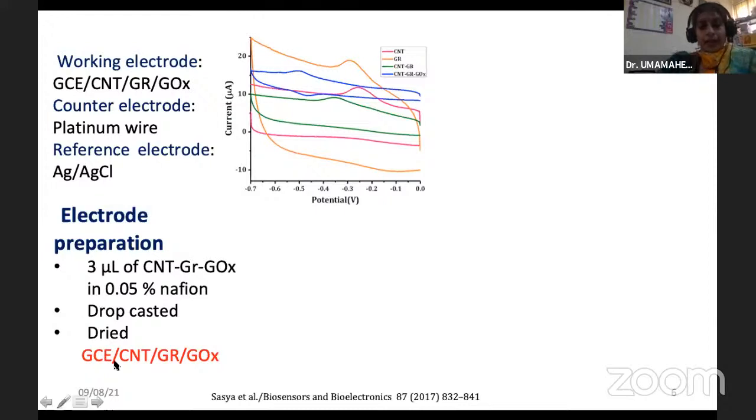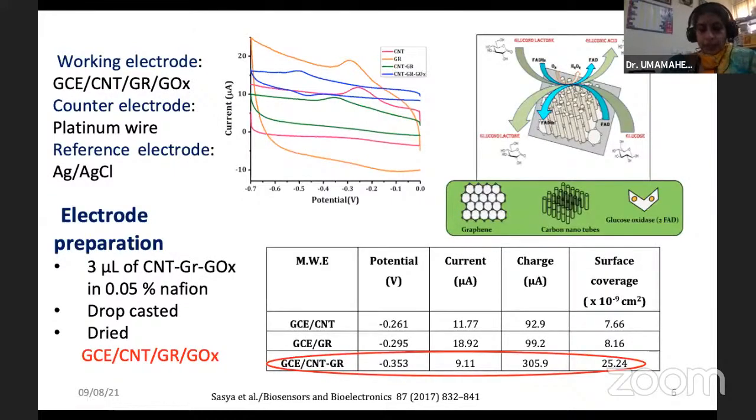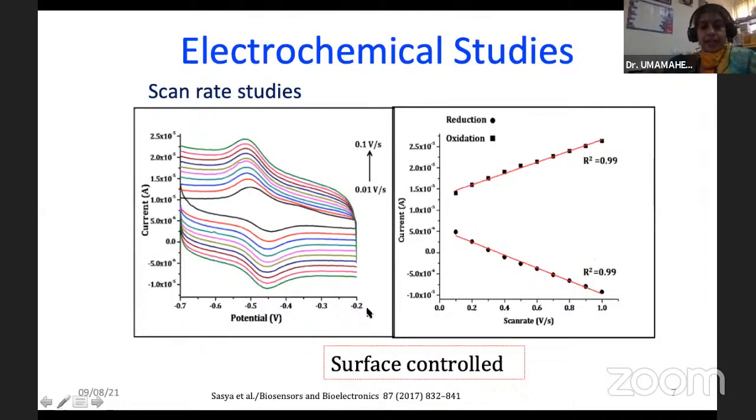I'm not going to describe too much of this, but in essence, what we are trying to show here is that for each modification, you could see a significant change in the current recorded in the system. We chose the hybrid interface, where we had a good charge and a good surface coverage, for further studies.